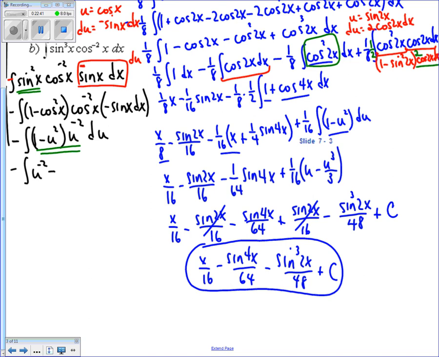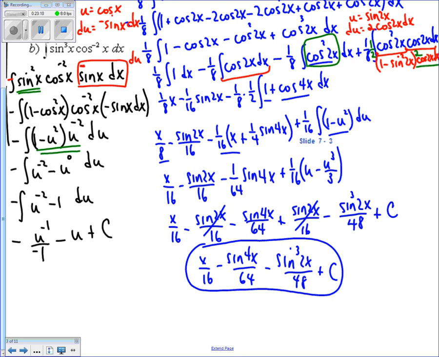You add the exponents, so that's u to the 0, which is just 1. So now I've got the integral of u to the minus 2 minus 1 du, which will just end up being negative u to the minus 1, add 1 to the power, negative 2 plus 1 is negative 1, and divide by the negative 1. And then the integral of the 1 is just another u, and then we'll have a plus c.